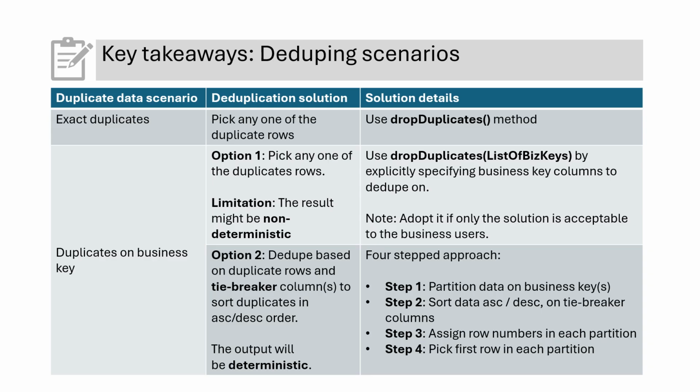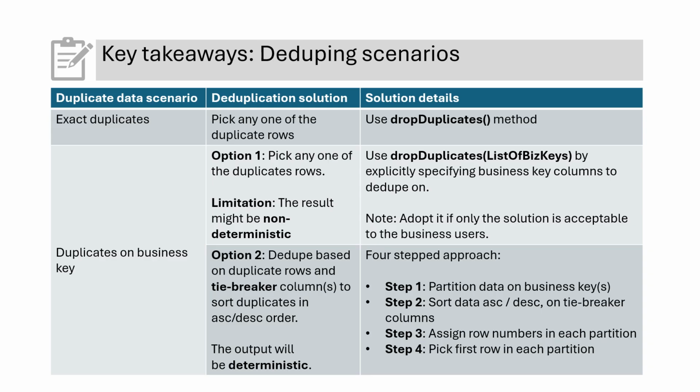Option 2, dedupe based on business key and sort the duplicates on tiebreaker columns in ascending or descending order as appropriate. With this option, the output will be deterministic. That is, the same result will be returned every time you do it, as long as the underlying data hasn't changed.